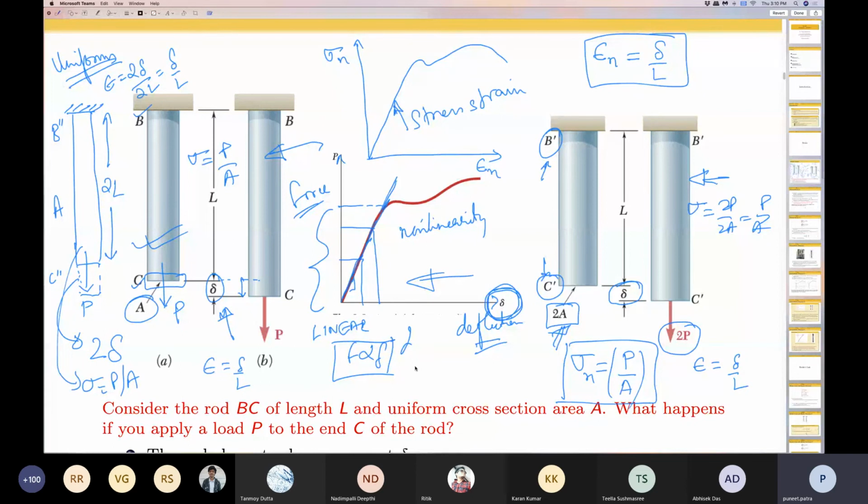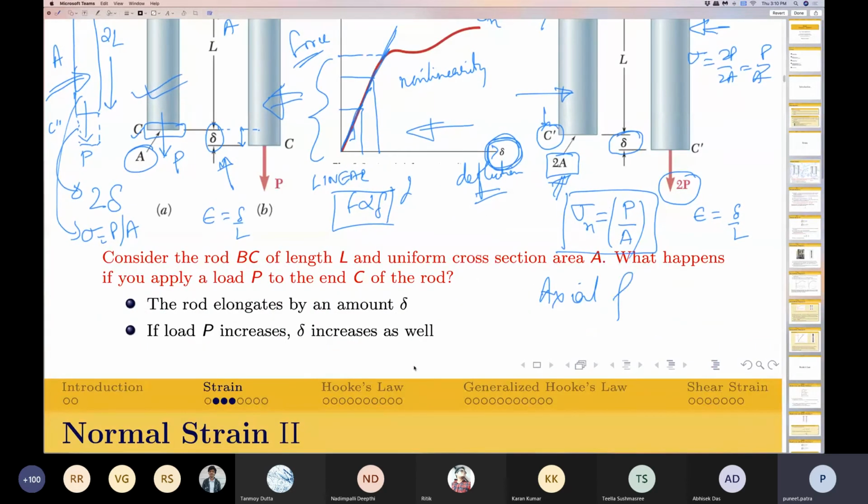But there is another interesting thing which is happening over here. The bar, if you look at this bar over here, this bar or this bar or the bar BC is subjected to an axial force. All the three bars are subjected to axial force. As a result, in other words, all the forces intersect with the axis of the member itself.